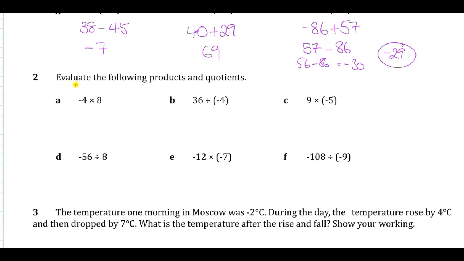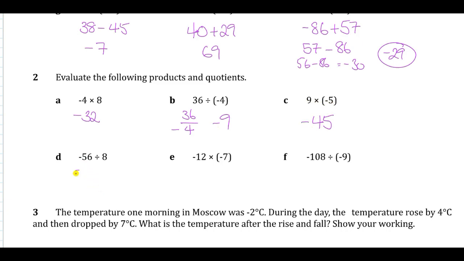Following products and quotients. 4 eighths are 32, and one of them is negative. 36 divided by 4 is 9, but one of them is negative. 9 times 5 is 45, and one of them is negative. 7 eighths are 56.